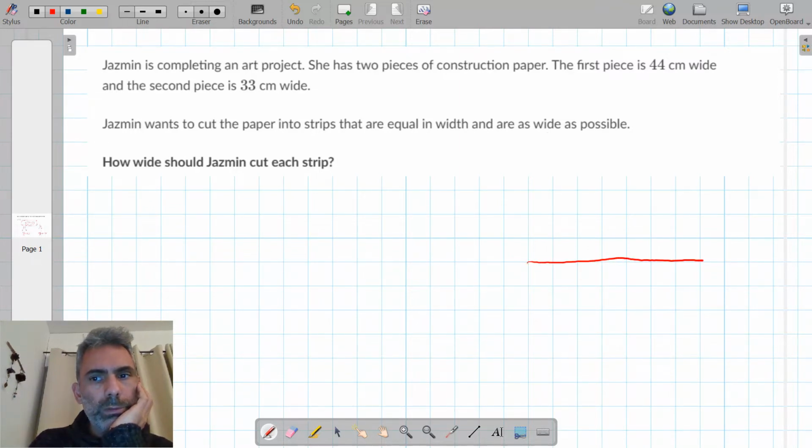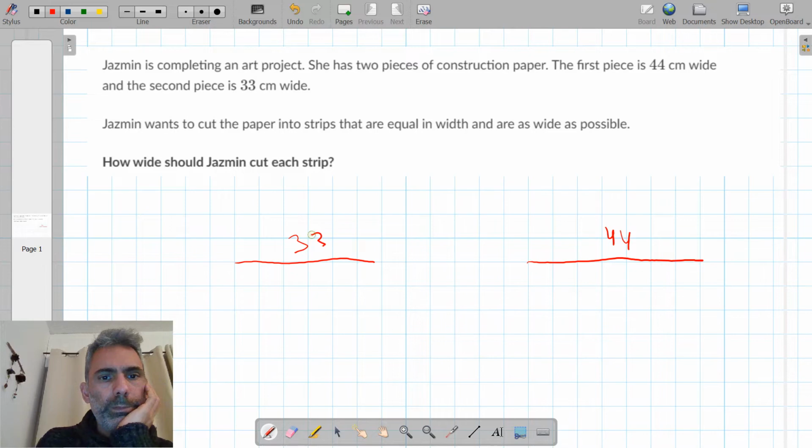Let's say this is 44 and let's say this is 33, and she wants to cut them into strips that are equal in width and that are as wide as possible.